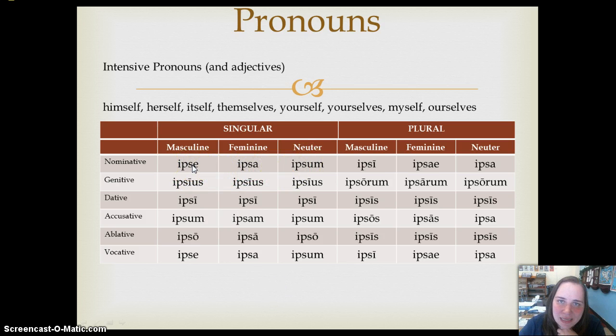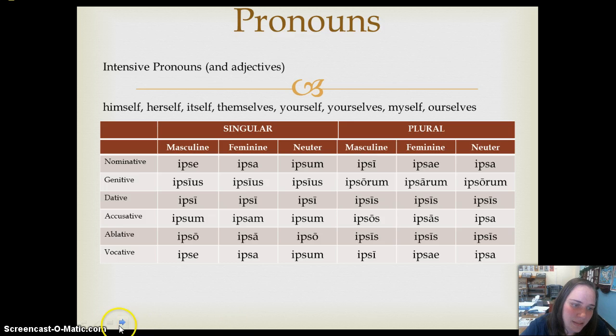If used by itself, you would translate it he himself, or she herself, or I myself. If I wanted to use ipse with a first person singular verb, it would be I myself did this thing. Okay, and again, that -ius ending in the genitive singular, long i in the dative singular, sort of indicative of pronouns, right?